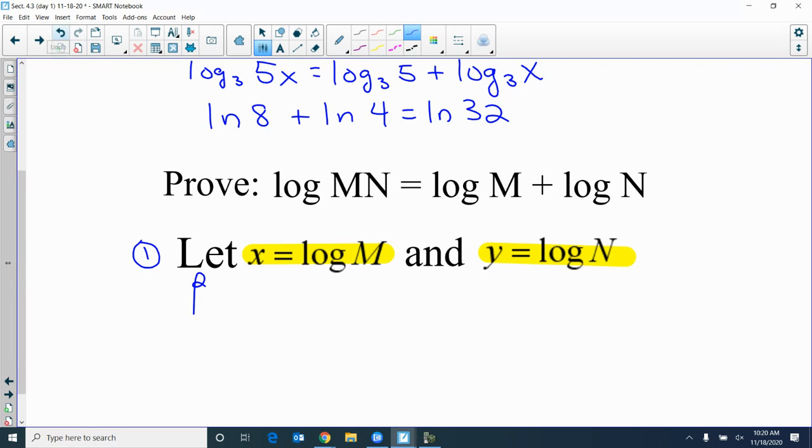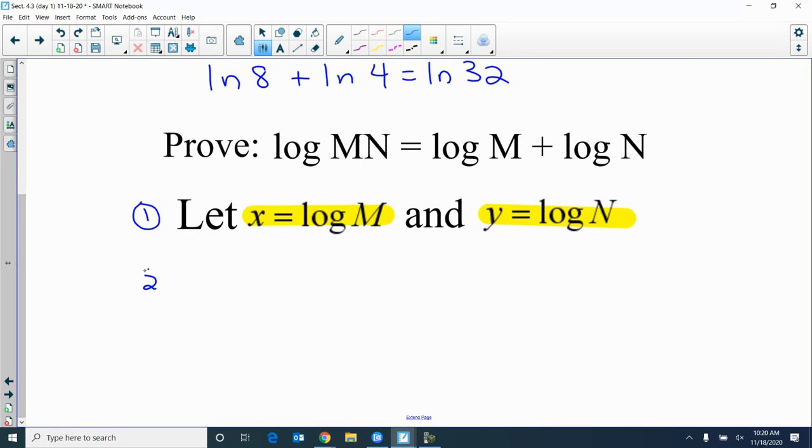So that means I'm going to make this 10 to the x power equals m. And then this means 10 to the y power equals n. So we just converted that.